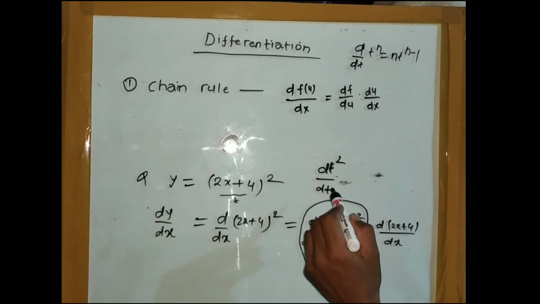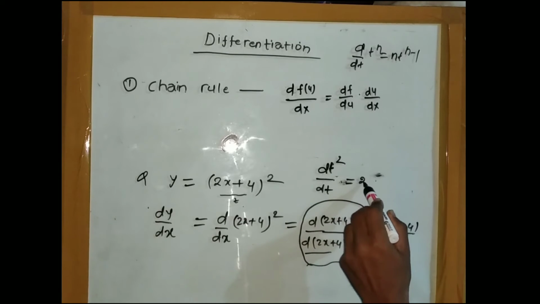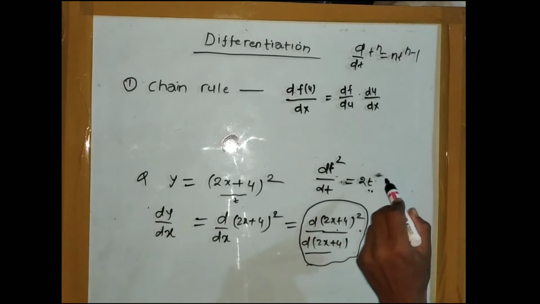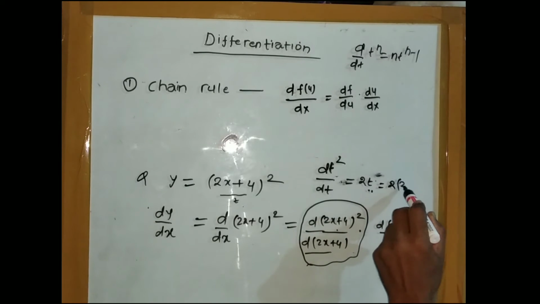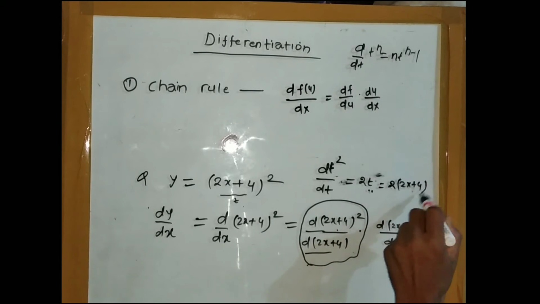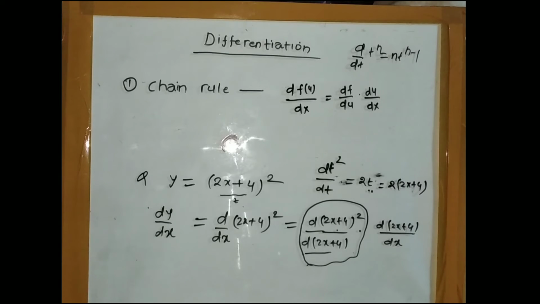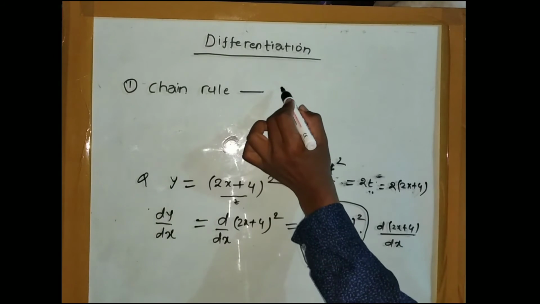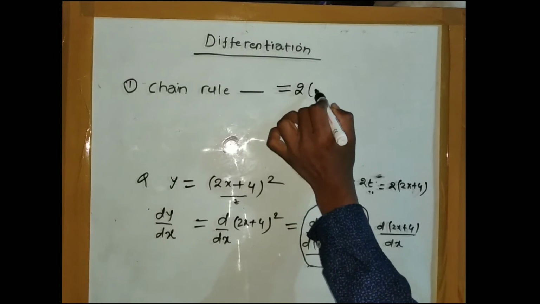So the derivative of t square is 2t. Here t is 2x plus 4, means 2 into 2x plus 4. Hence the derivative of this term is equal to 2 into 2x plus 4.